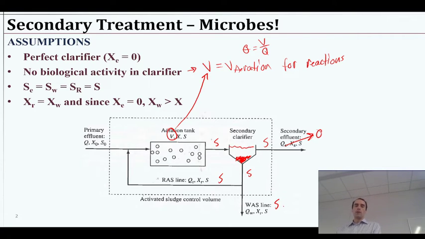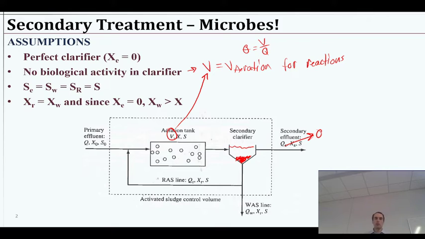So even though we could maybe label each of these differently, like the waste line, the recycle, and this as effluent, all of those are going to be the same because there's nothing changing the concentration between these steps, right? So all of those are the same, and you see them labeled in the diagram like that. I just want to highlight that all of those are equal, right? So that's just out there.